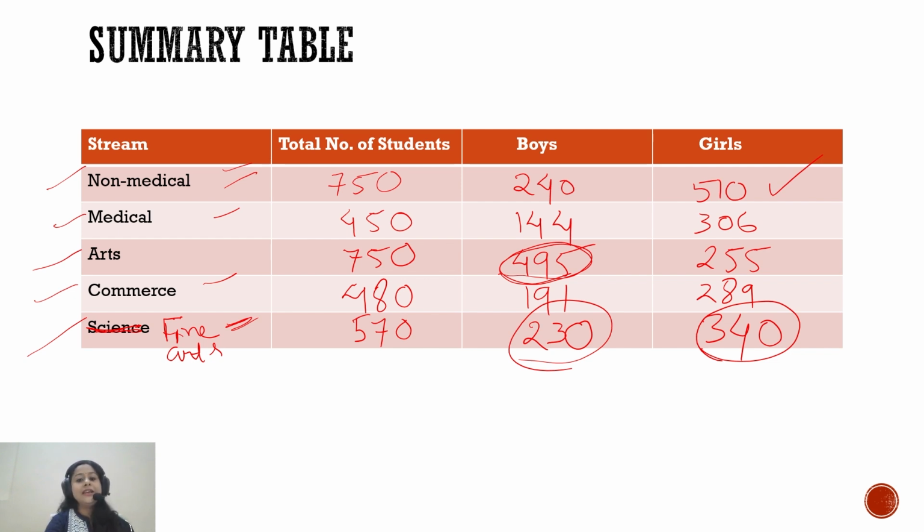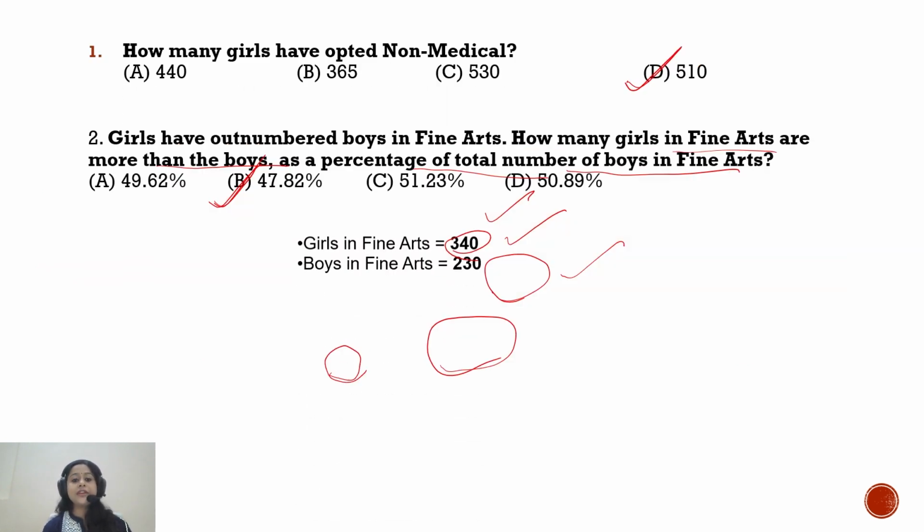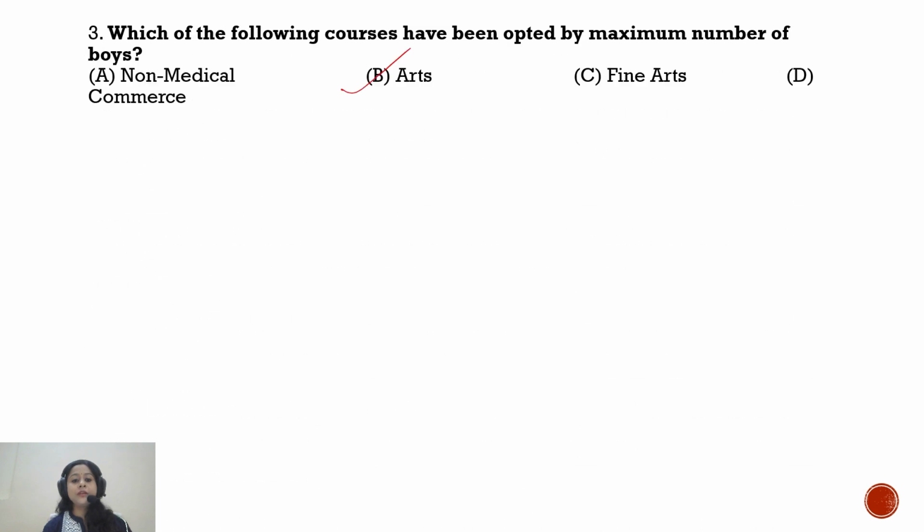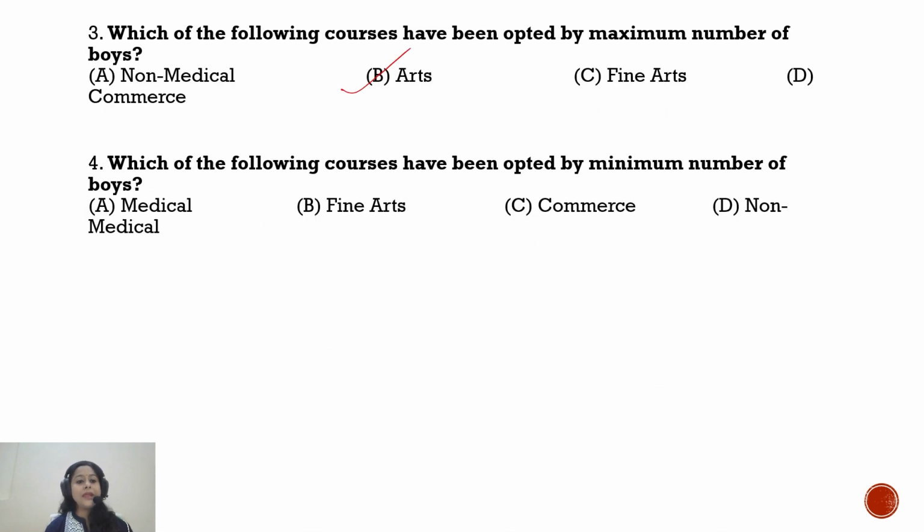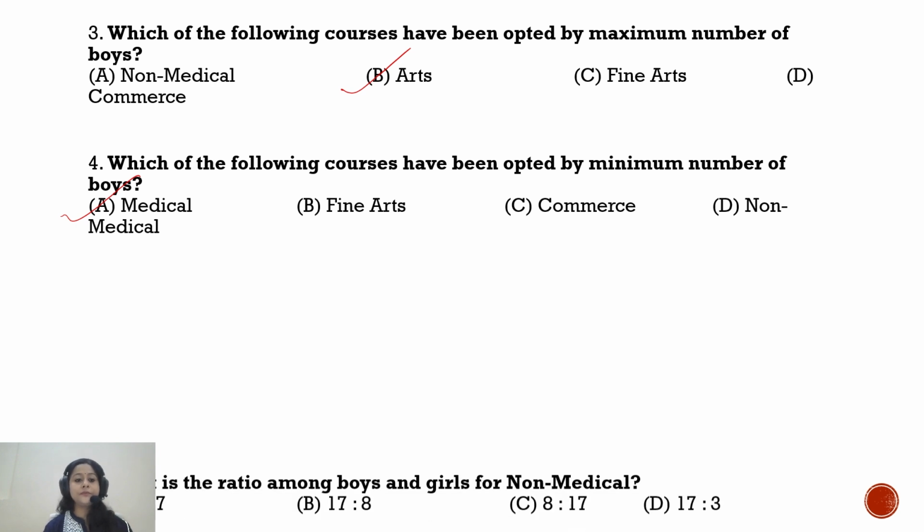We can see the least number of boys in the case of the medical stream. So very easily we can answer that for the medical stream, the minimum number of boys have opted.